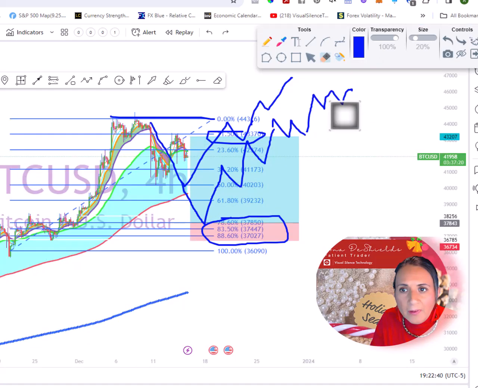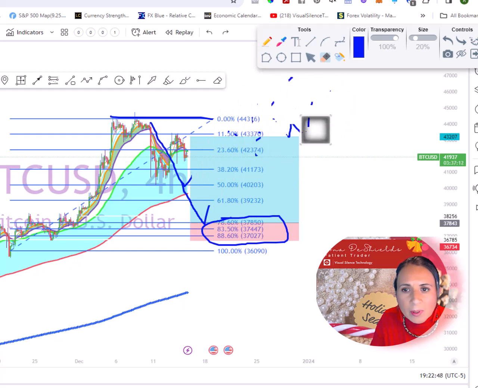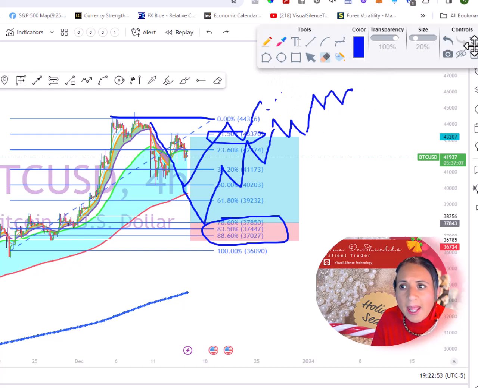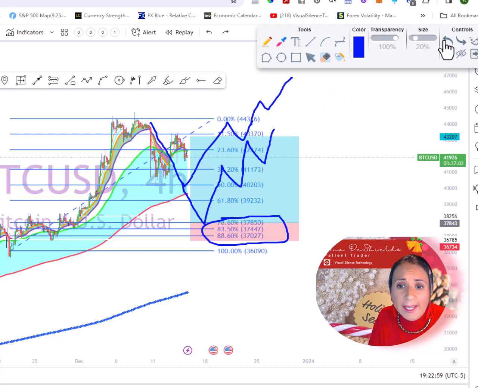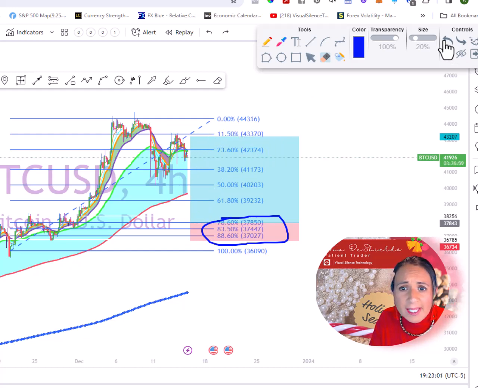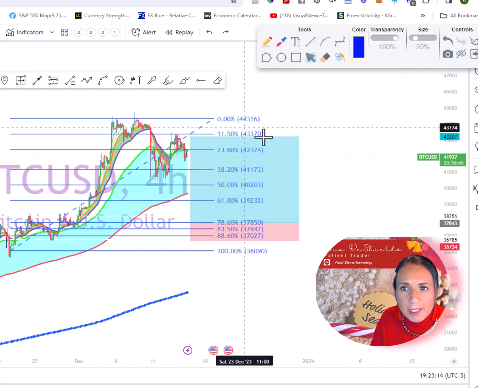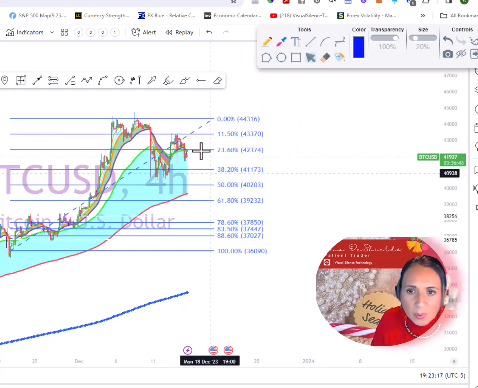Instead of waiting for price to get to the heartbeat zone, which is the 50 to 61.8 zone, they'll say, you know what, I'm going to wait till it goes to the last line of defense and then take my entry there. Take it here and buy up. And so that's what these levels mean on the Fibonacci. They represent the different levels where the market can pull back to.